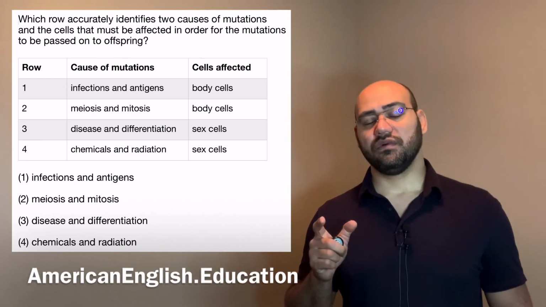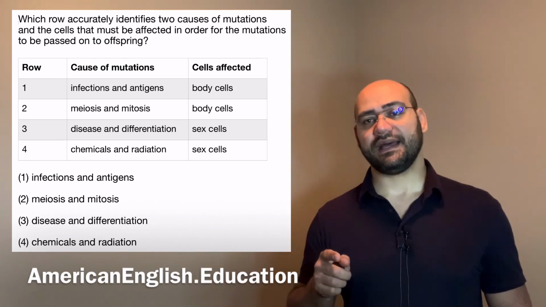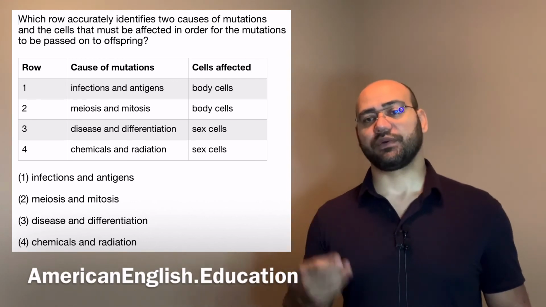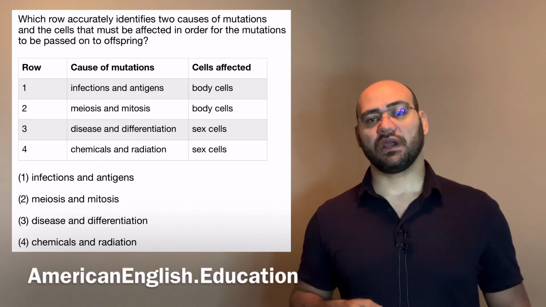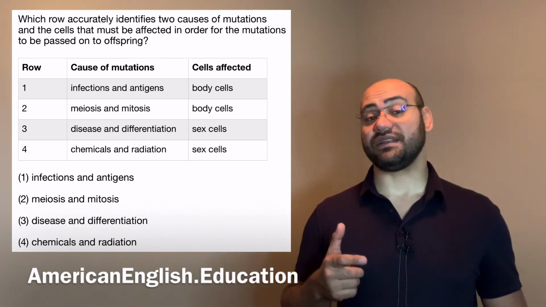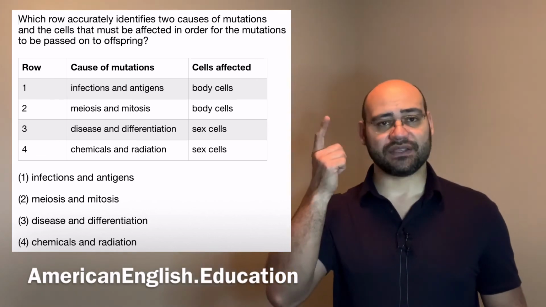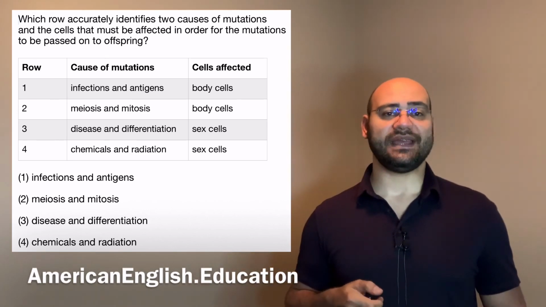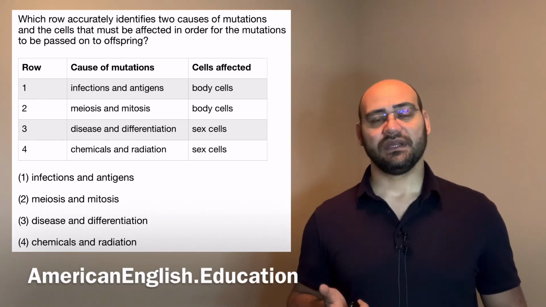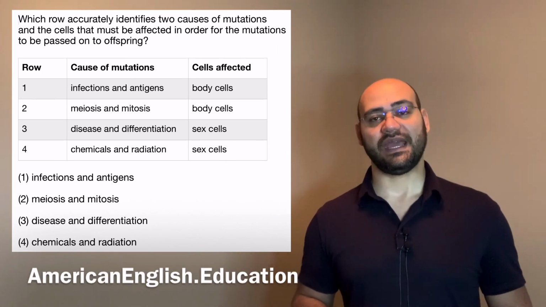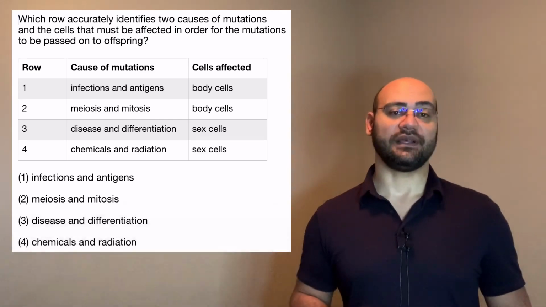Now, the mutations that are going to affect the reproductive systems are going to be chemicals and radiation. That's something else that you need to remember. Just think of X-ray being dangerous to sex cells, and you'll never go wrong. So number 4 is our right answer. Chemicals and radiation will affect sex cells.